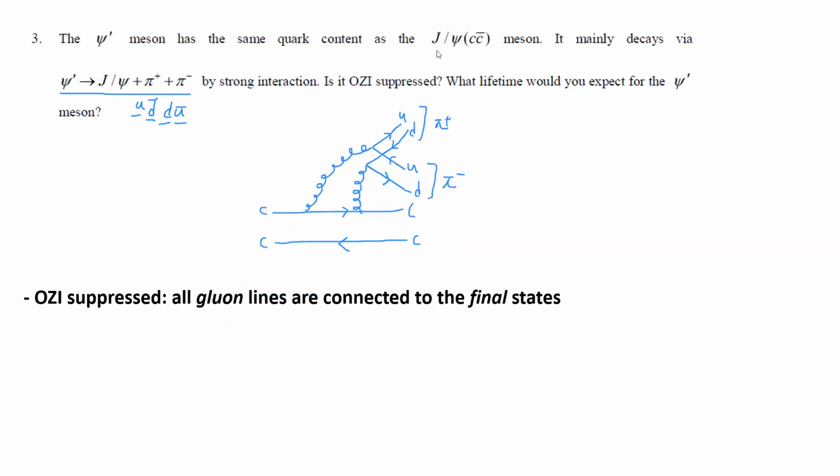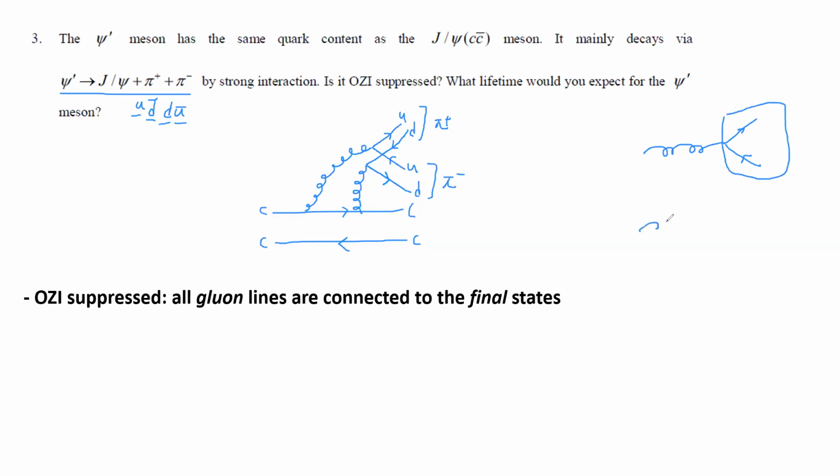So the next step is to determine whether the process is OZI suppressed. And the simple way is to see whether the gluon lines are all connected to the final state. That means if the gluon lines are something like this, connected to the final state, then it's OZI suppressed.